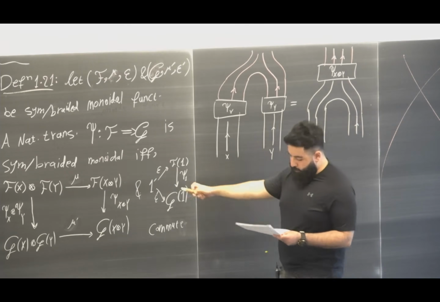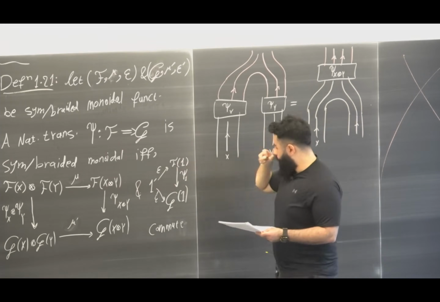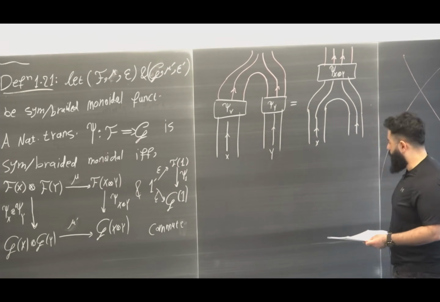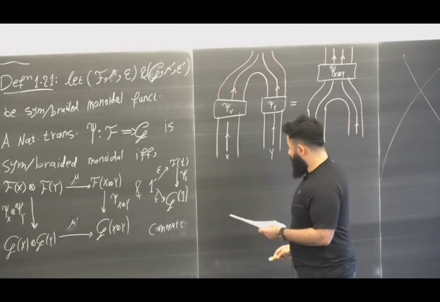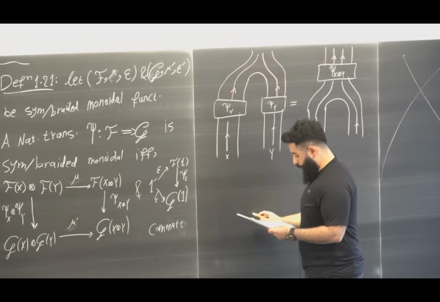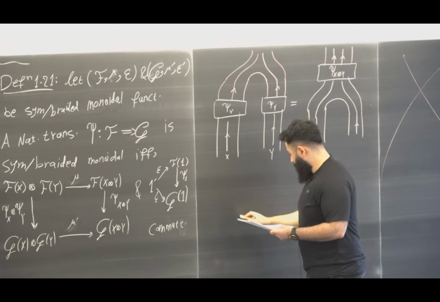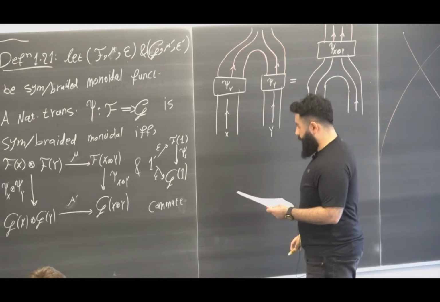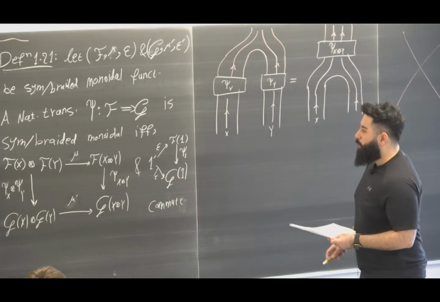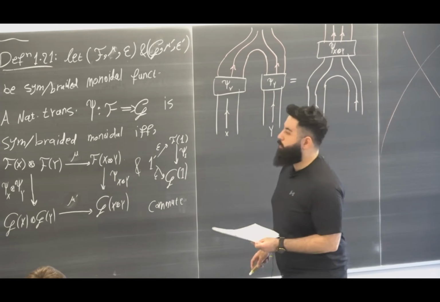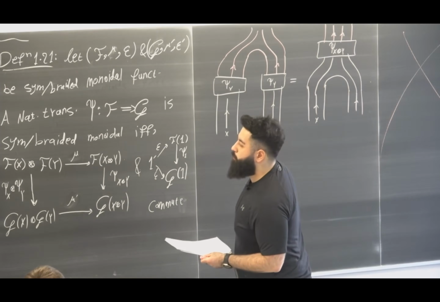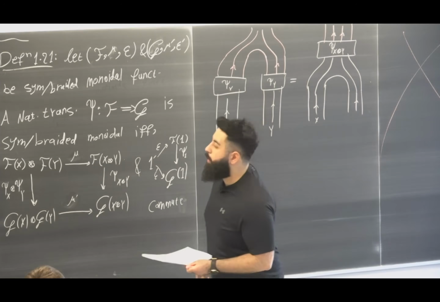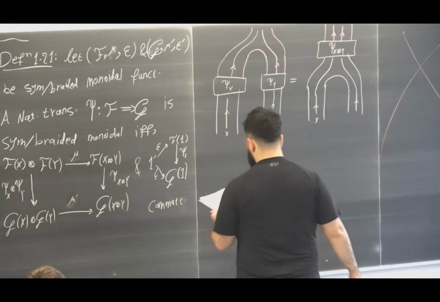Well, let's do this route first. Apply epsilon, then psi 1. So we start with the unit object, and apply epsilon to it. Did I write down epsilon over there, what it does? Should have.